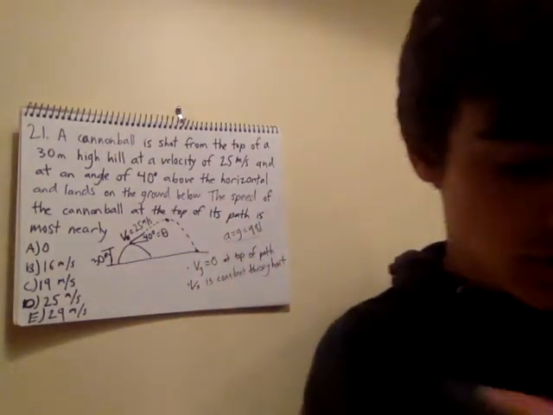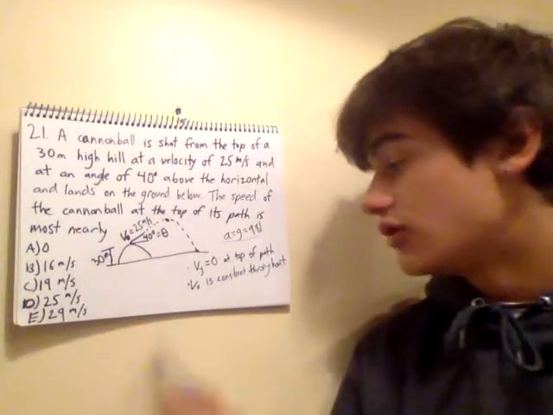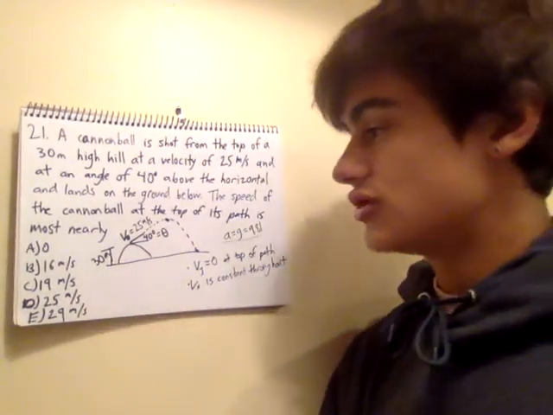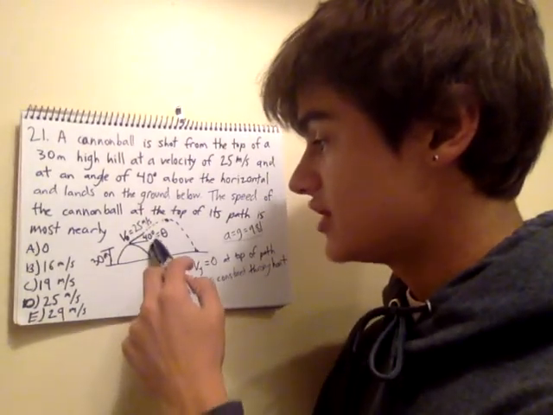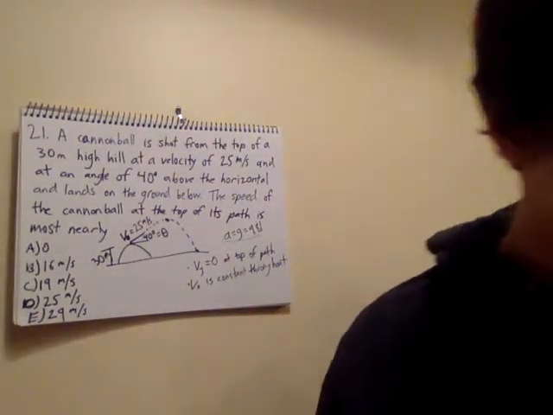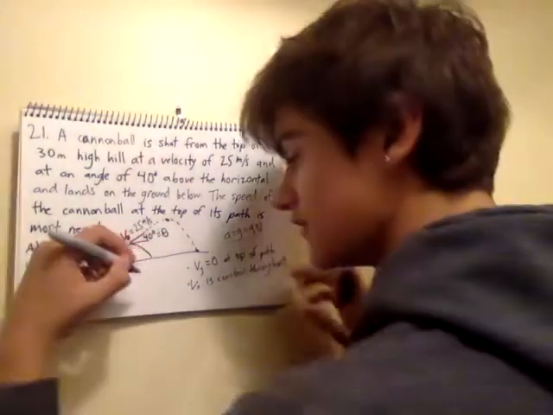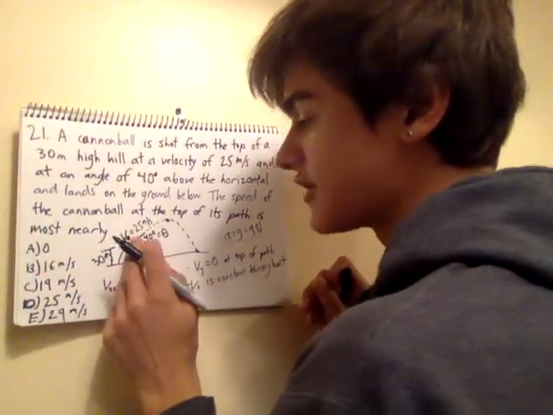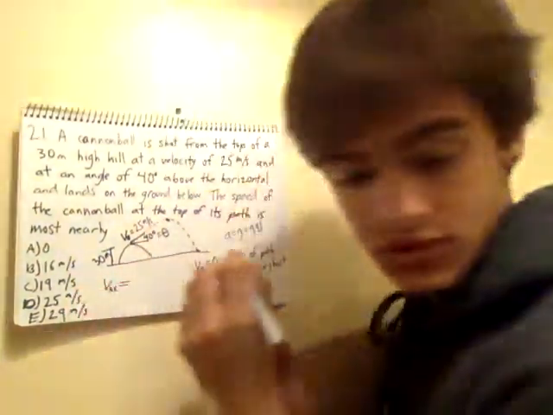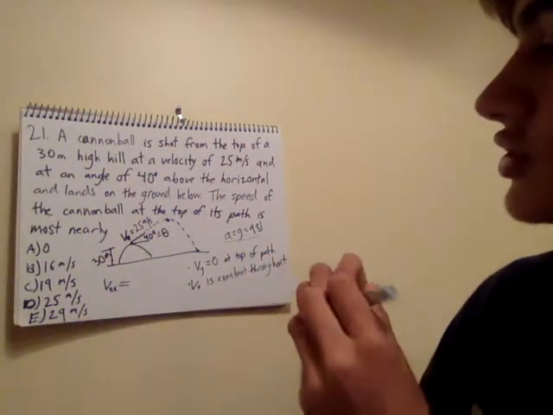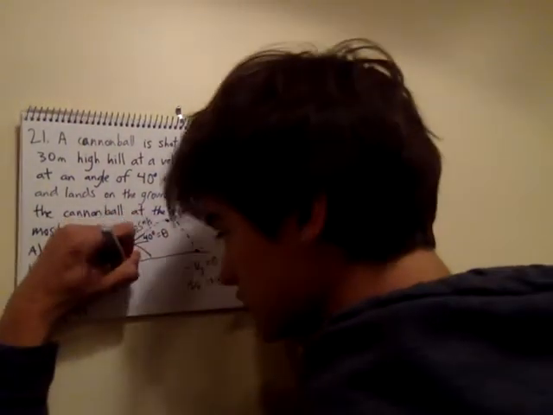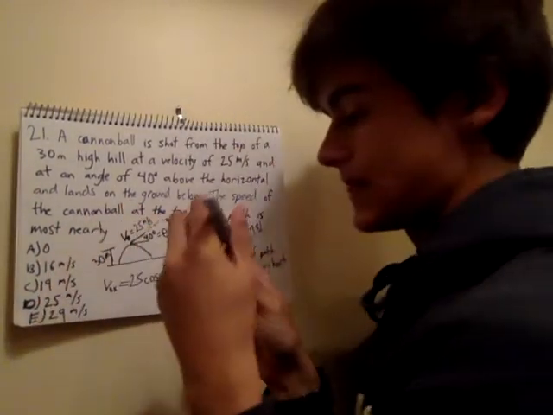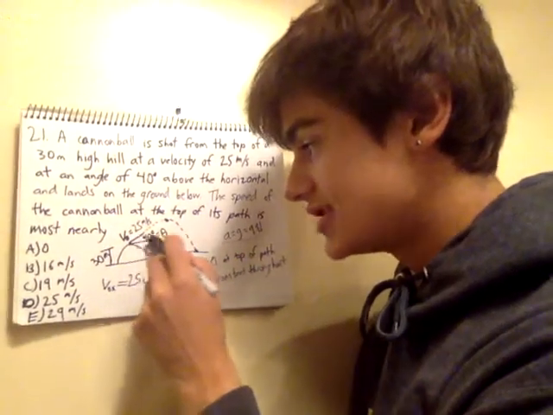So now all that's left for us to do is solve for the velocity in the x direction for this system. We're given theta and we're given the initial velocity. So we're going to say v initial x, which is the same as v for any x, but it's helpful to think of it as initial for now, is going to be equal to 25 times the cosine of theta, because the cosine of theta gives us this horizontal component.